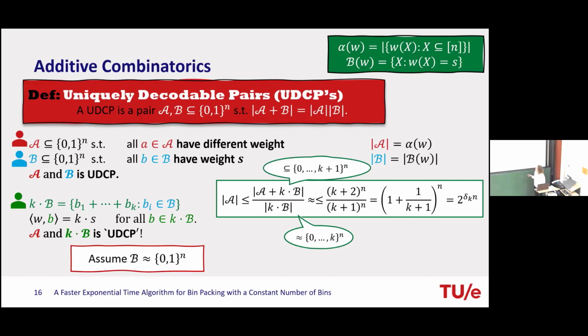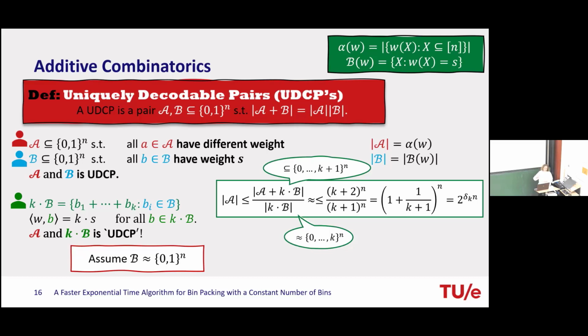And everything in A plus K times B will now, so A still lives in 0, 1, so I just add 0 or 1 to things in K times B, so it now lives in 0 to the K plus 1, to the power n. And then I can roughly bound by this K plus 2 over n divided by K plus 1 over n, very roughly. And then I get this 2 to the power delta K n.